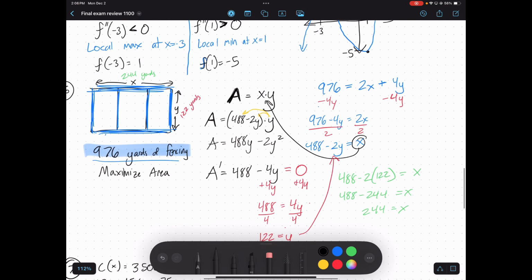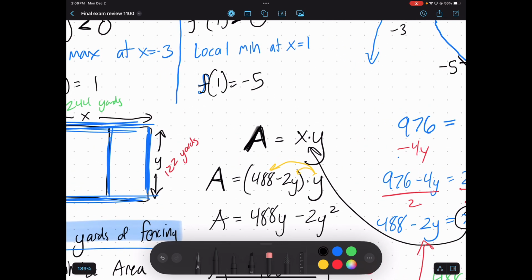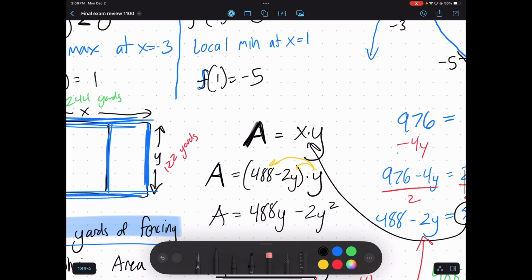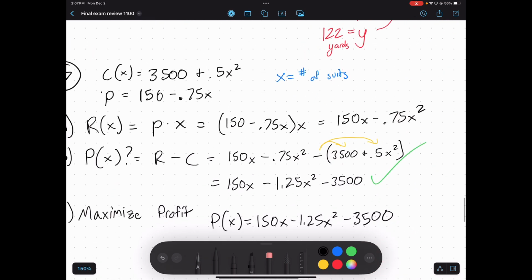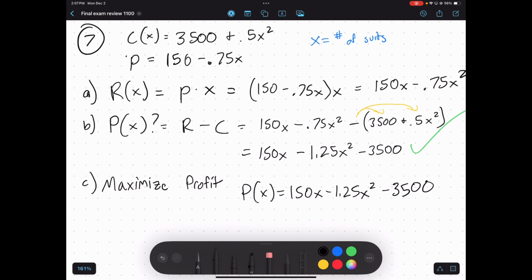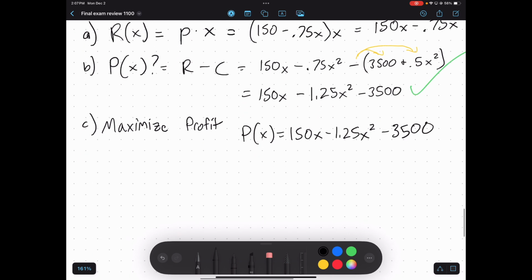The last problem, when I first wrote my equation, it was in terms of two different variables, length and width, x times y, and I had to do some work to get it all in terms of one variable. But in this case, my profit equation is all in terms of x, which means, can I go ahead and take a derivative? Absolutely. Because it's only in terms of one variable, I can go ahead and take the derivative of this. Once again, why am I taking a derivative?